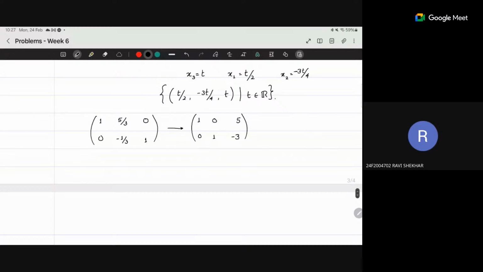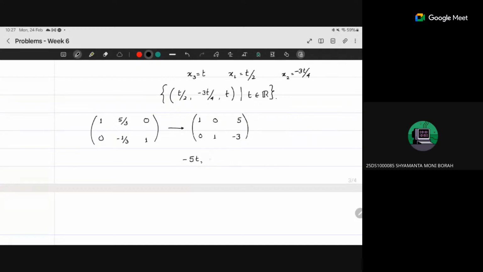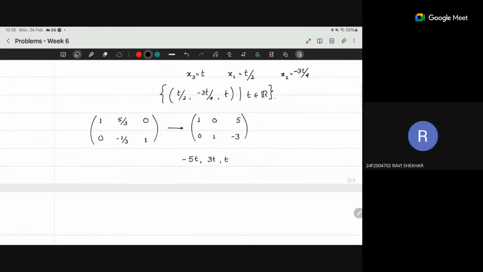Now this is also, as expected, a rank 2, nullity 1 matrix. But in this case, what would an element of the kernel look like? Minus 5t, plus 3t, t. But note that these are the coordinates. Let me just call it the span of 5, 3, 1.